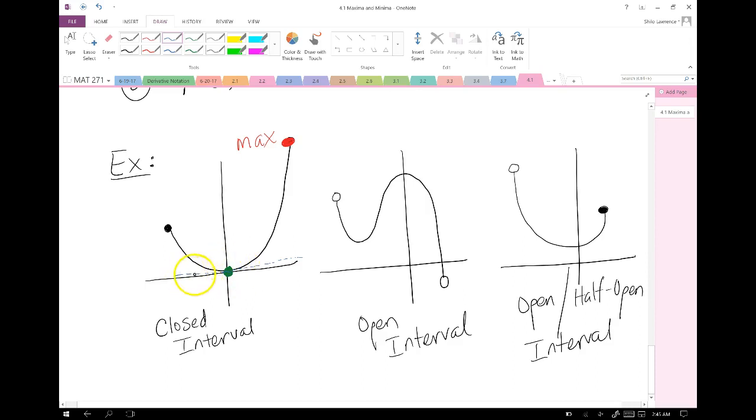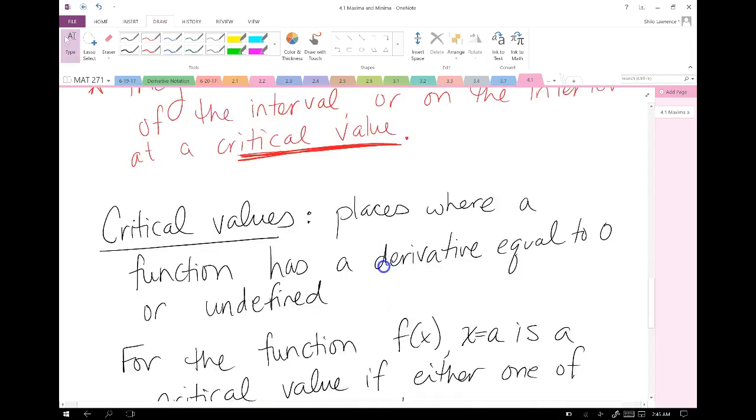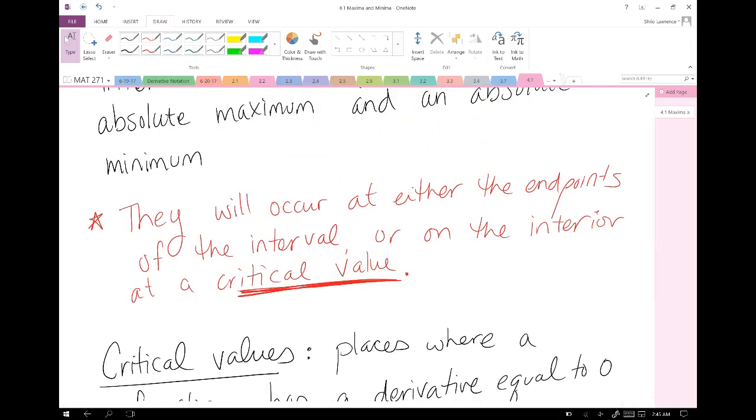That's a place where our first derivative equals 0. So our absolute max is at the endpoint of the interval, and our absolute min is at a critical value. And that's exactly the two places where we were guaranteed that our absolute extrema will occur. They will occur at either the endpoints of the interval or on the interior at a critical value.